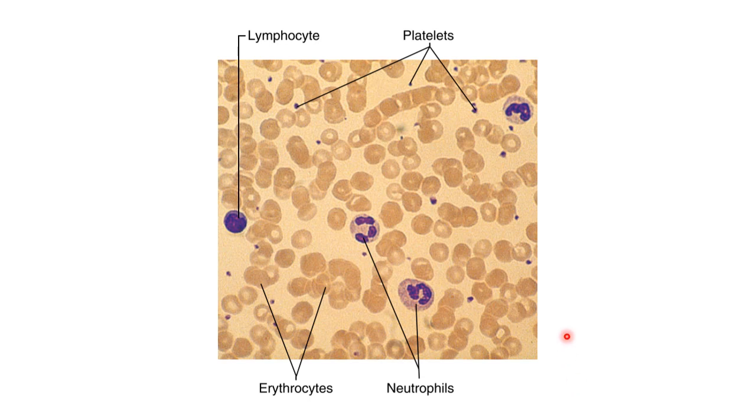If we take a section under the microscope, so we place a drop of blood on a glass slide and then smear the blood with a cover slip or another glass slide and look at it under the microscope, this is what we will see. Okay? So, etong brown structures here are actually red blood cells.